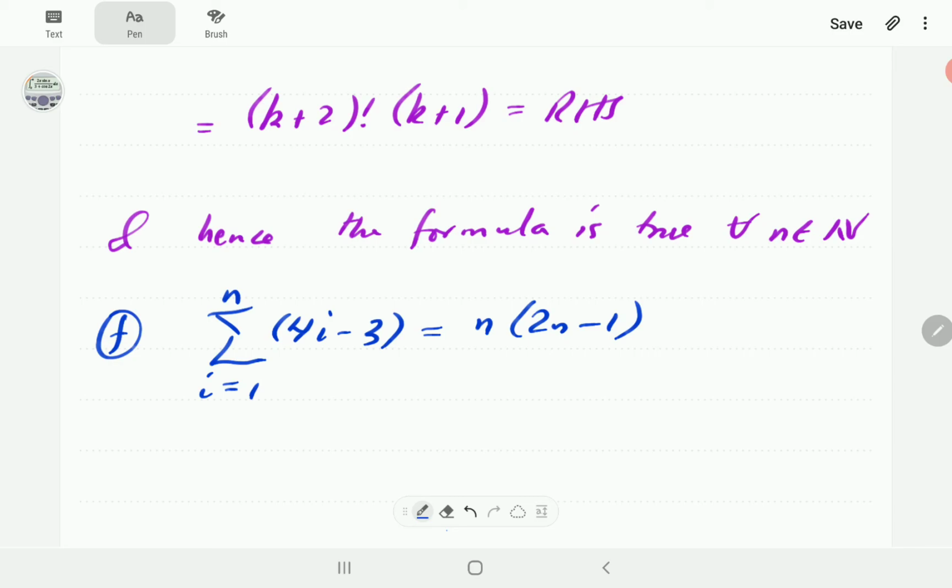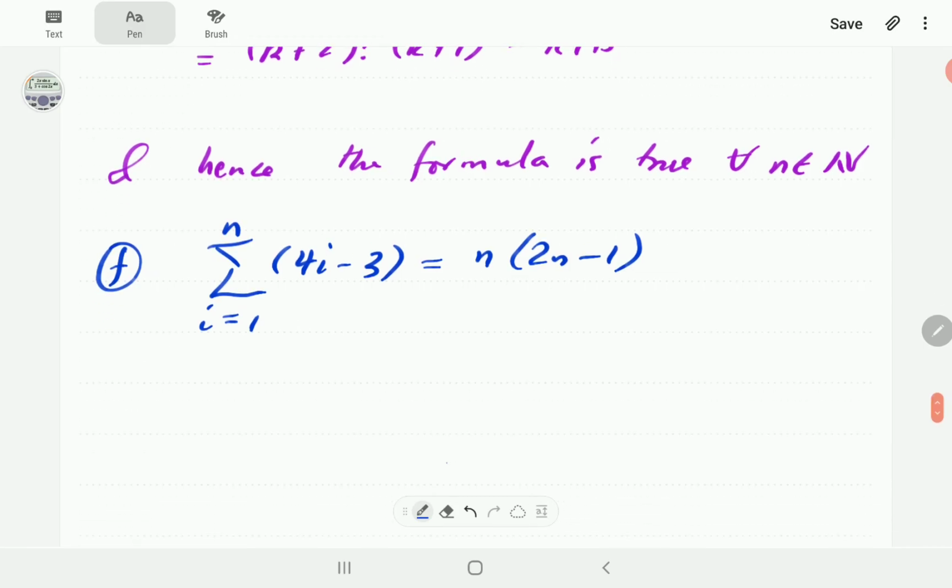So the first one, summation of 4i minus 3 from i equals 1 to n is equal to n times (2n minus 1).